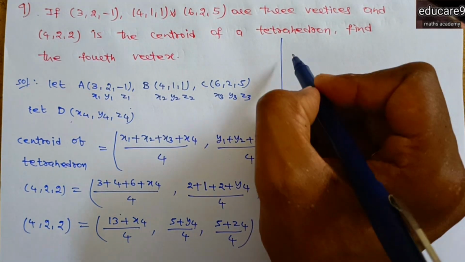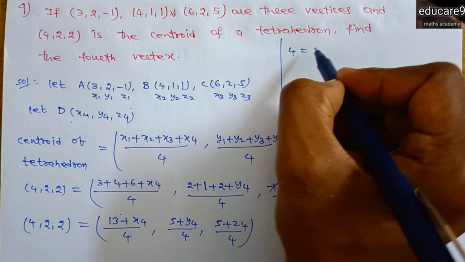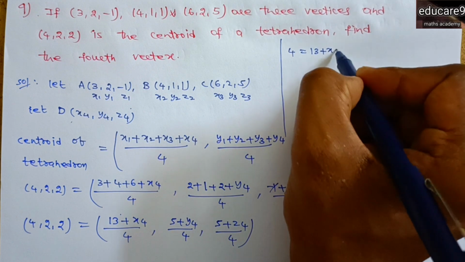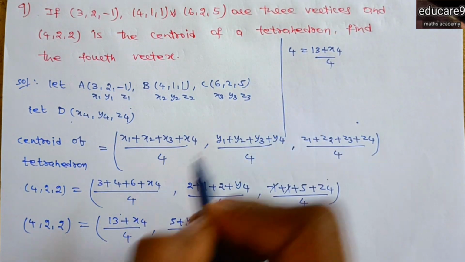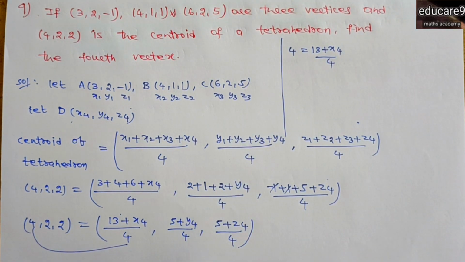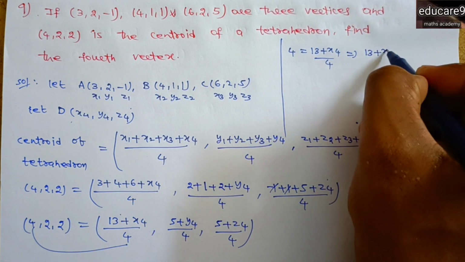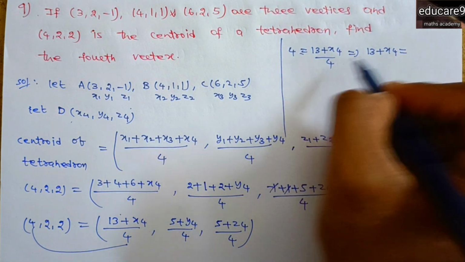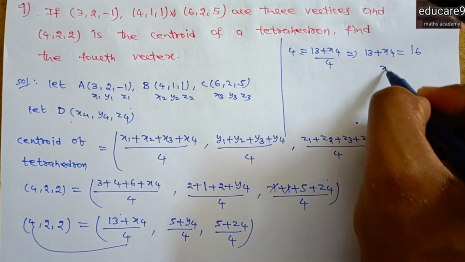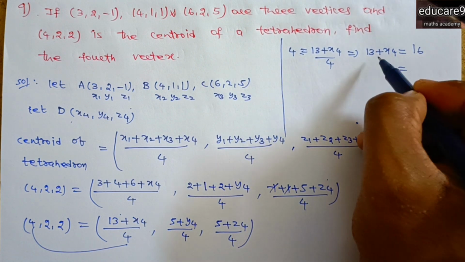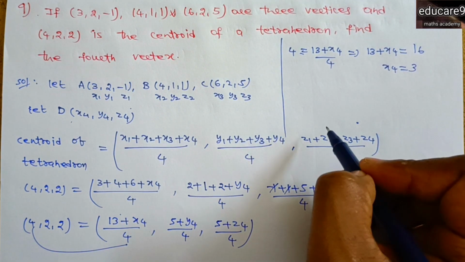Equating the x coordinates, 4 equals (13 plus x4)/4. Cross multiplying, 13 plus x4 equals 4 into 4, 16. Therefore x4 is 16 minus 13, which is 3.